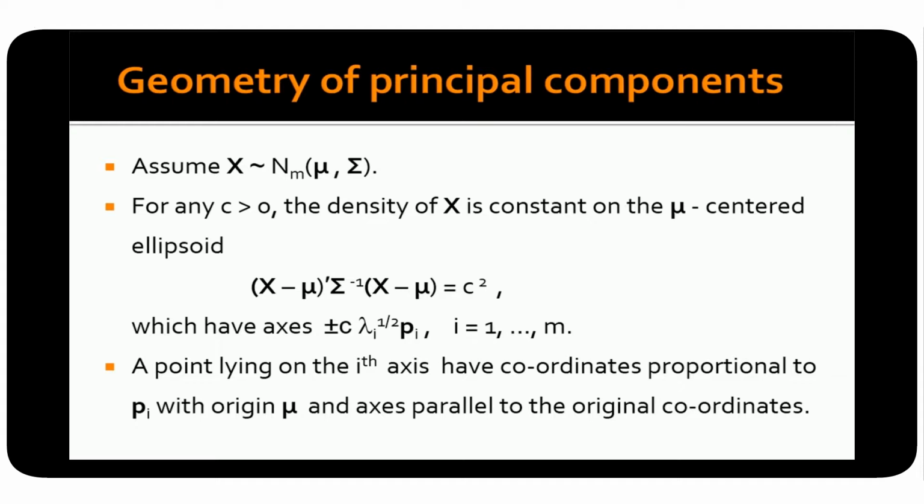So, given a particular c square, the density would be constant over this. Okay? This is the ellipsoid which has axes plus minus c root lambda i e i, where i runs from 1 to m. So, these are the eigenvalue-eigenvector pairs again. A point lying on the ith axis of the ellipsoid will have coordinates which would be proportional to the ei's in the coordinate system that has origin mu and axes parallel to the original axes x1, x2, xp.